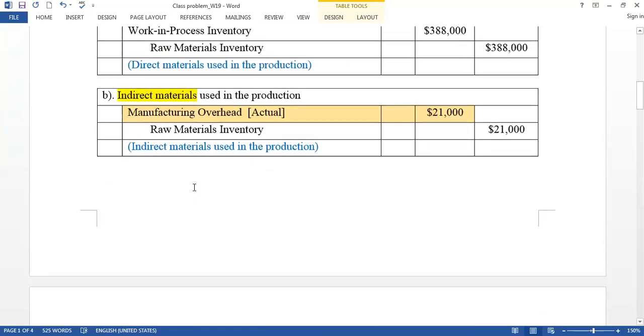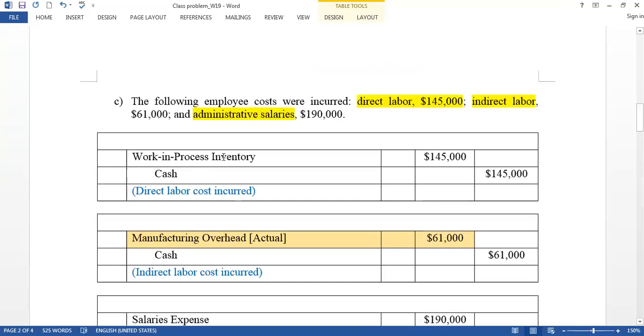Now where is another cash? This is another cash. Direct labor salaries, indirect labor salaries, and administrative salaries on credit, right? On credit means not yet paid in cash. So what is the journal for the first one? For direct labor, work in process inventory debit, salaries payable credit, right?